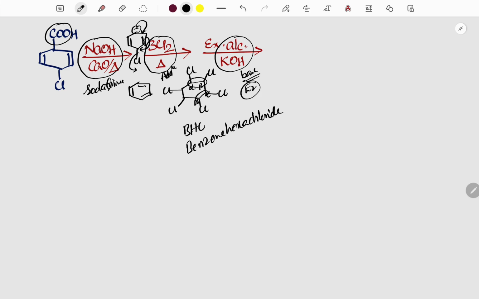The beta proton is eliminated. Finally we got the aromatic compound.